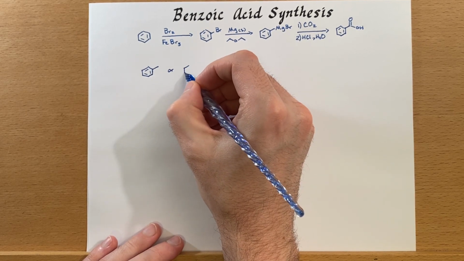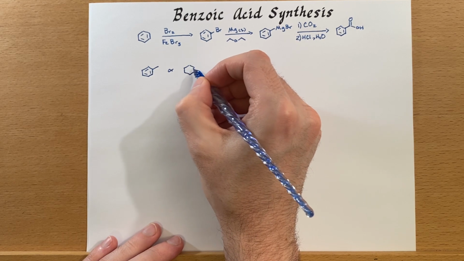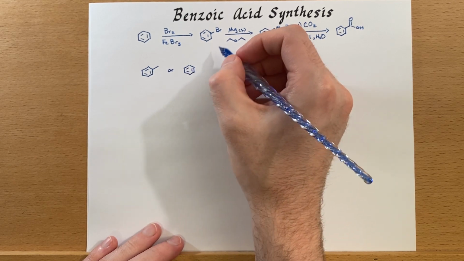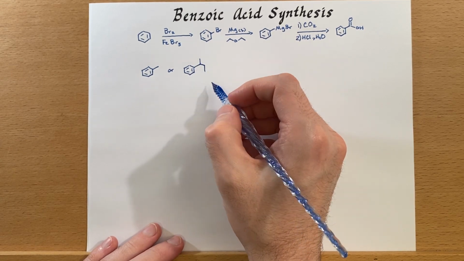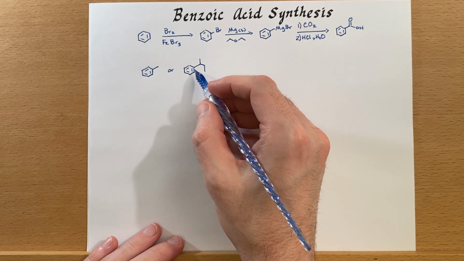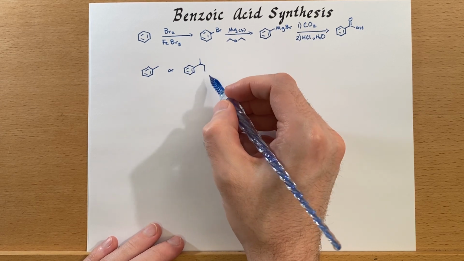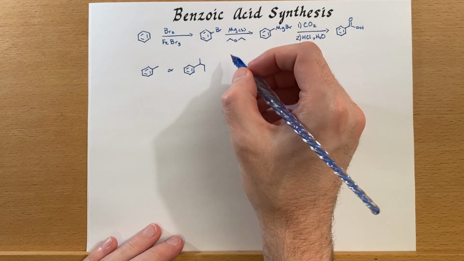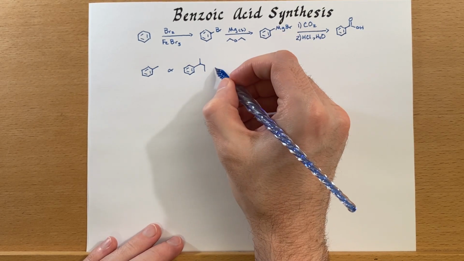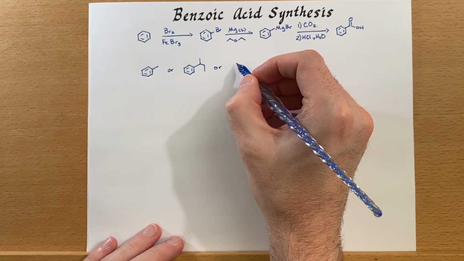Or we could use some other alkyl benzene. Let's say we have our major product from our Friedel-Crafts acylation using 1-chlorobutane.